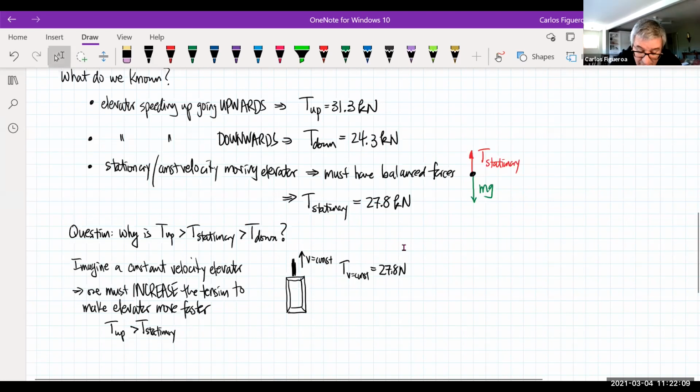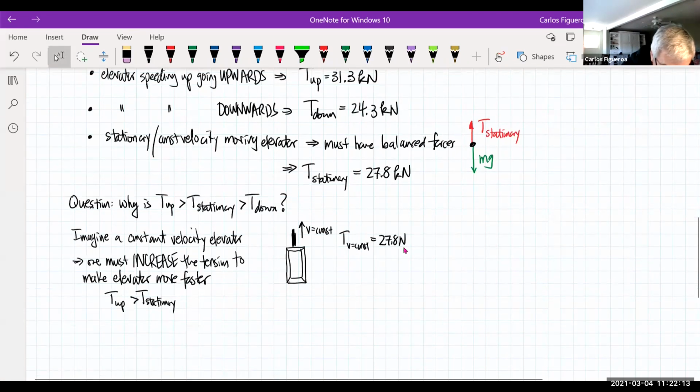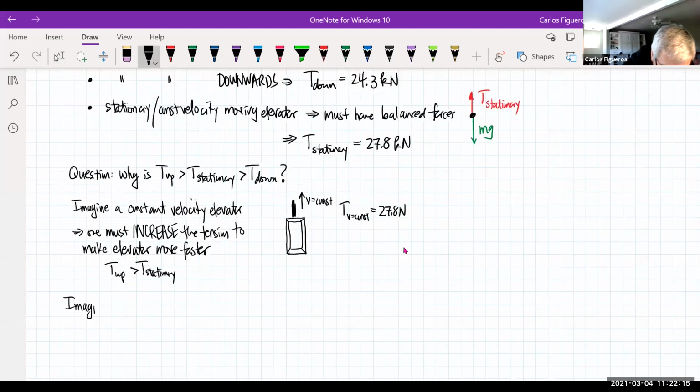So in this scenario, now imagine the elevator is moving down at constant velocity.